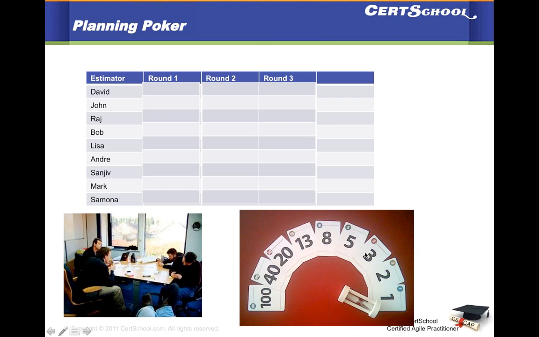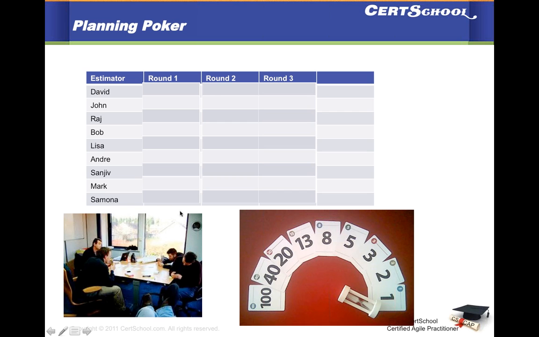There are all these planning poker cards that you see at the bottom right. These are cards that are actually available in the market. If you search for planning poker cards, you'll find a lot of hits. Everybody who's an estimator will have their own deck of cards, ranging from 1, 2, 3, 8, 13, 20, 40, and 100. From 1 through 13, we have the Fibonacci, which is pretty much a standard technique. After 13, it's kind of rounded figures: 20, 40, and 100.